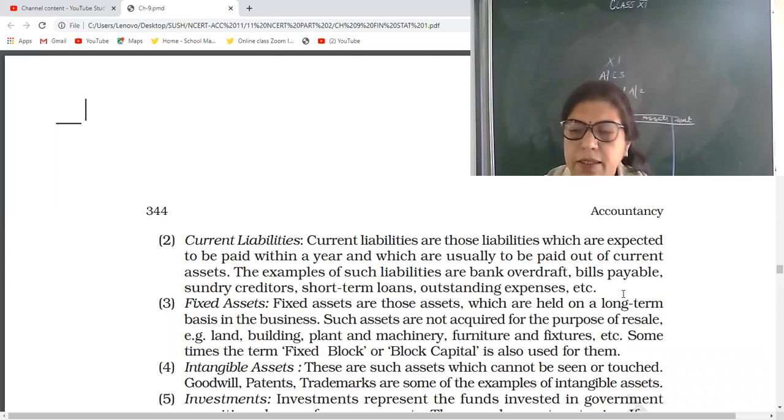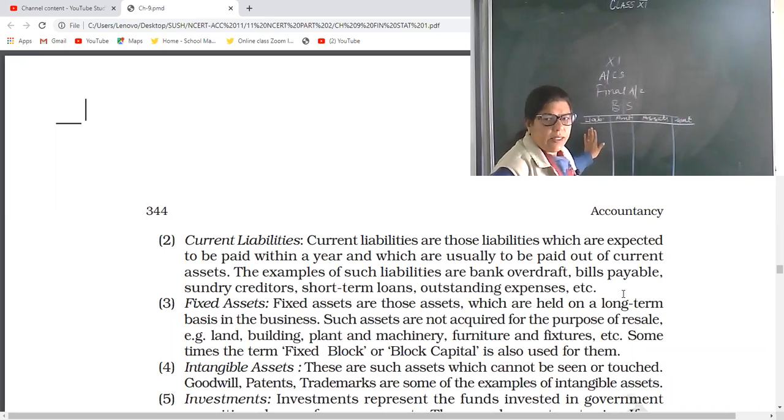Outstanding expenses means those expenses which are to be paid as early as possible. Outstanding means due but not paid. Current liabilities are to be shown this side. This is the liability side.